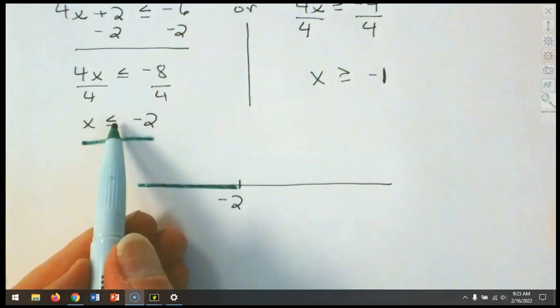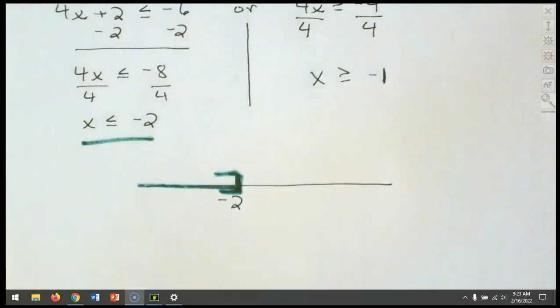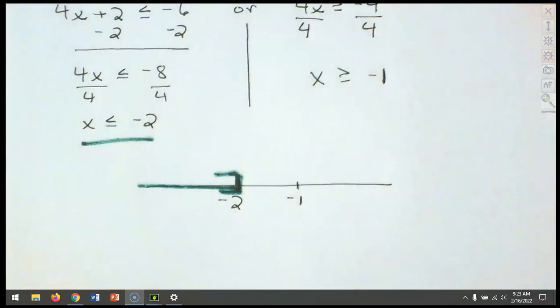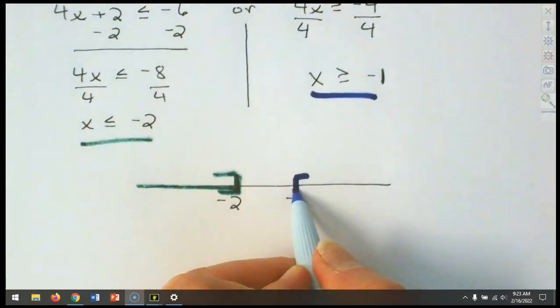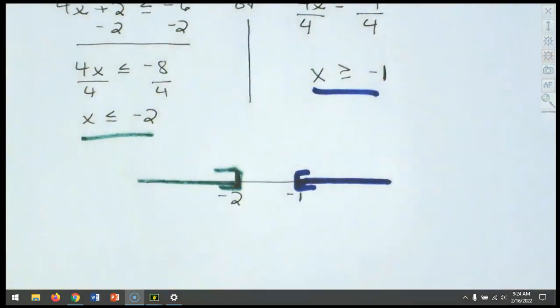And it has the equal bar underneath. So that means we've got a square bracket, doesn't it? And then we've got the negative 1, which is on the right, because negative 1's a bigger number. And this one here is pointing to the right. So we shade there.